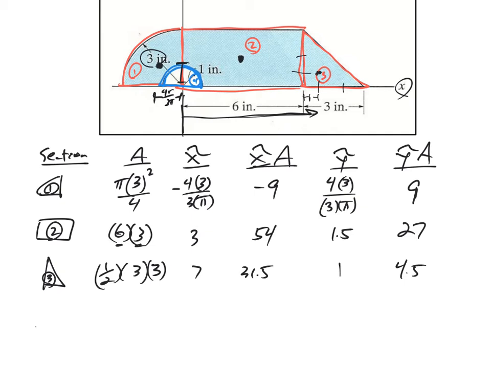Then I'm subtracting out section number 4, so I'm going to give it a negative area. Let me be careful, its r is 1, pi r squared, but it's half of a circle, pi r squared over 2, and I'm giving it a negative area. Where is its centroid?